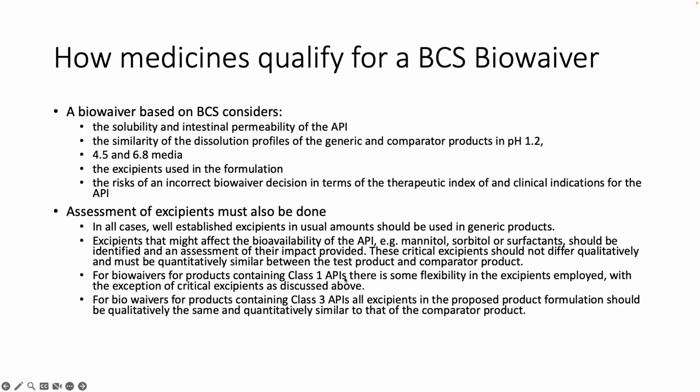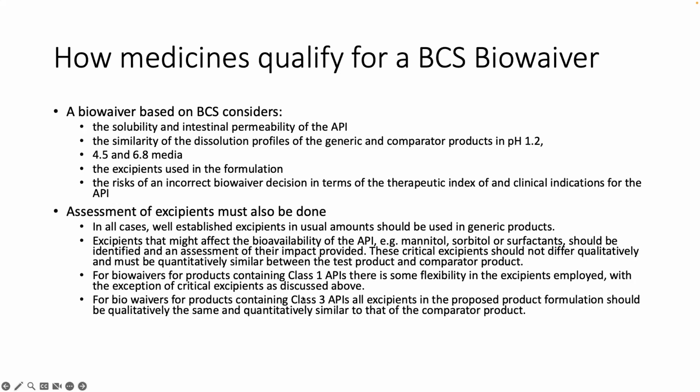For biowaivers for products containing class 1, there's flexibility because those are very highly soluble, except if it contains one of these mentioned in number 2 above. Usually your excipients can be different from the innovator as much as you like.